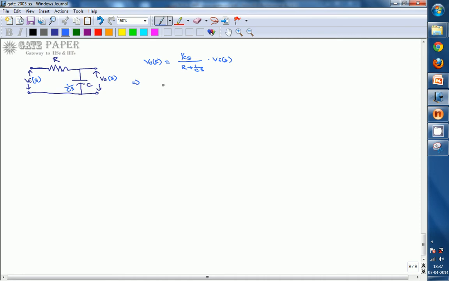Then the transfer function H of s equals V0 of s divided by Vi of s, that is 1 by 1 plus RCs.